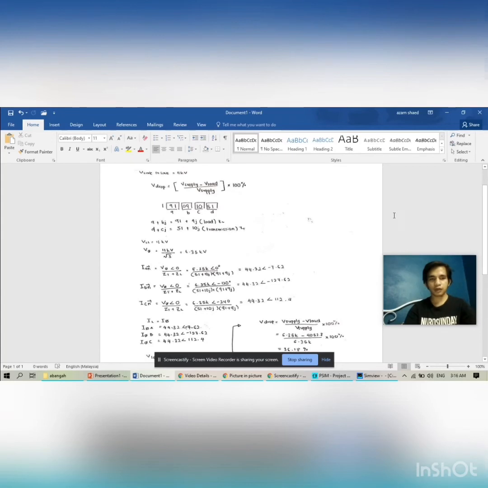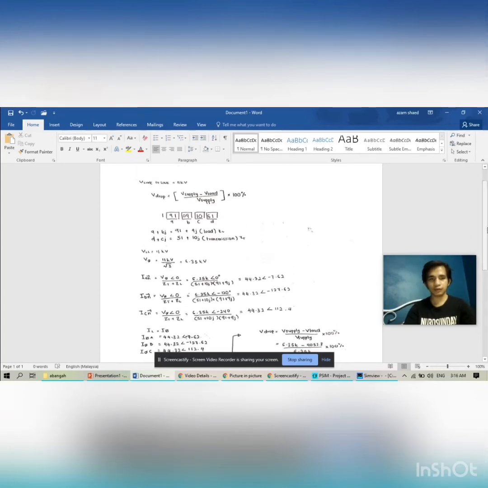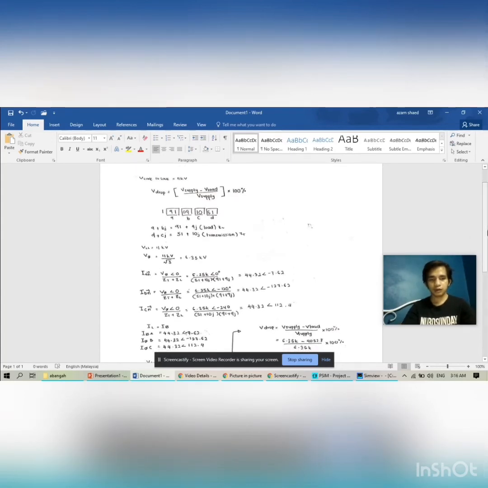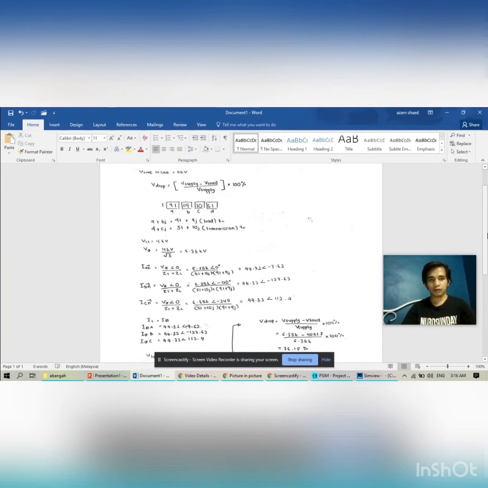For the calculation, first we use the formula of V drop: V supply minus V load, divided by V supply, multiplied by 100%. For ZL, I got 91 plus j9.